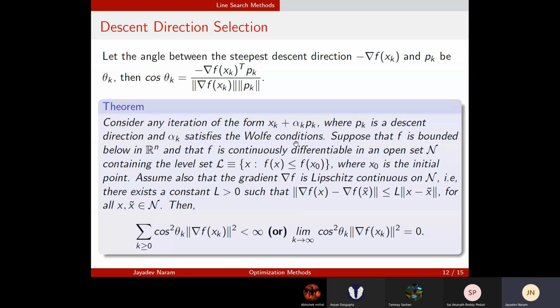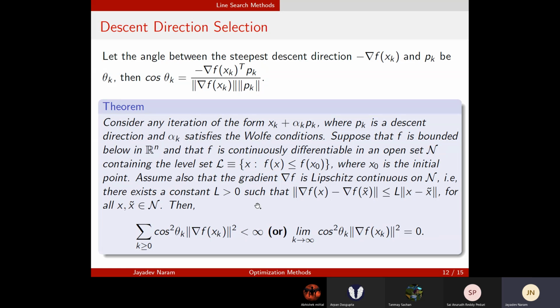So once we have all these assumptions, they might look very strict, but they are not actually strict. Usually, whatever functions we consider, unless you're considering something like matrix completion where you have rank instead, these conditions are satisfied.